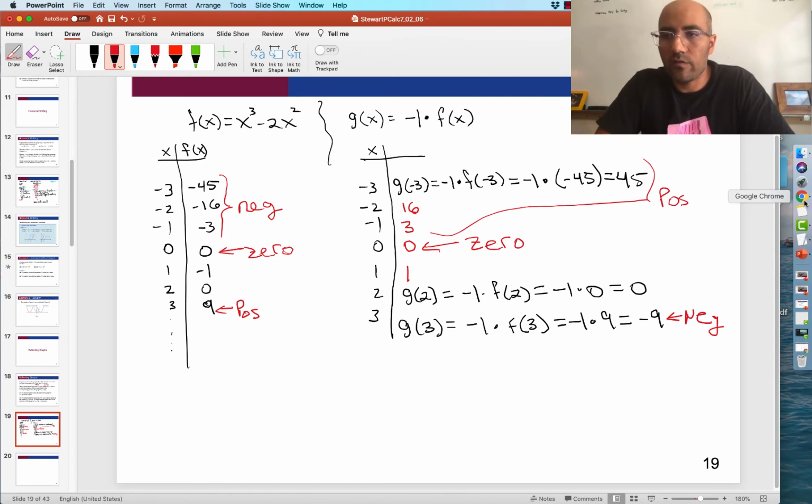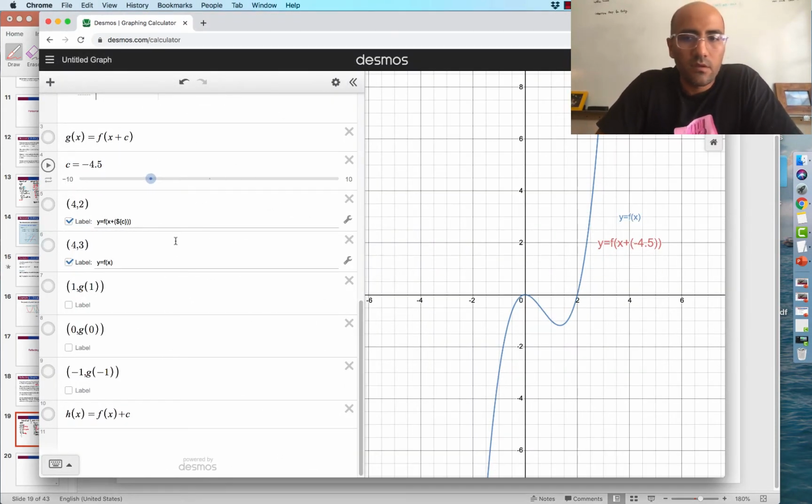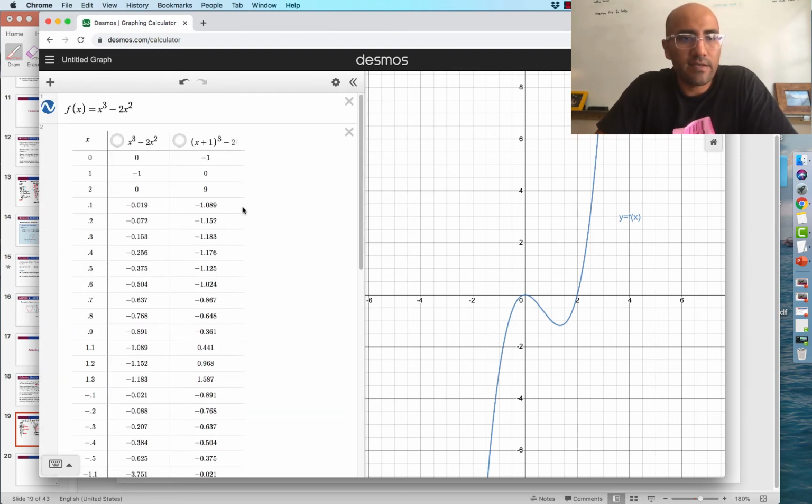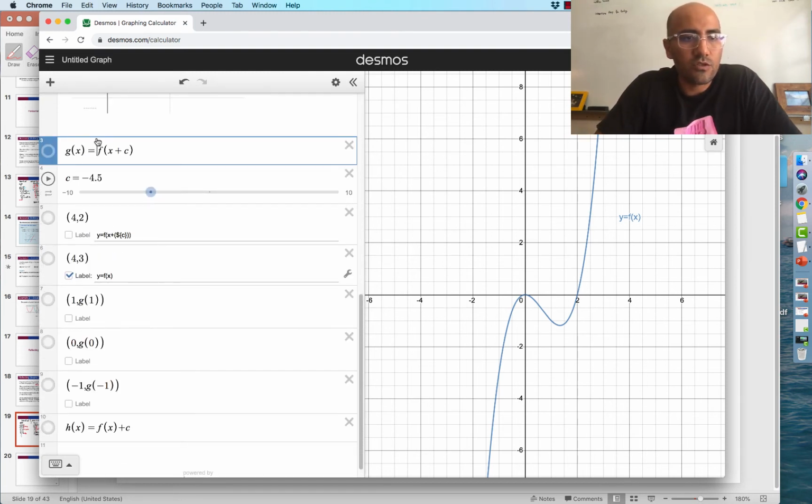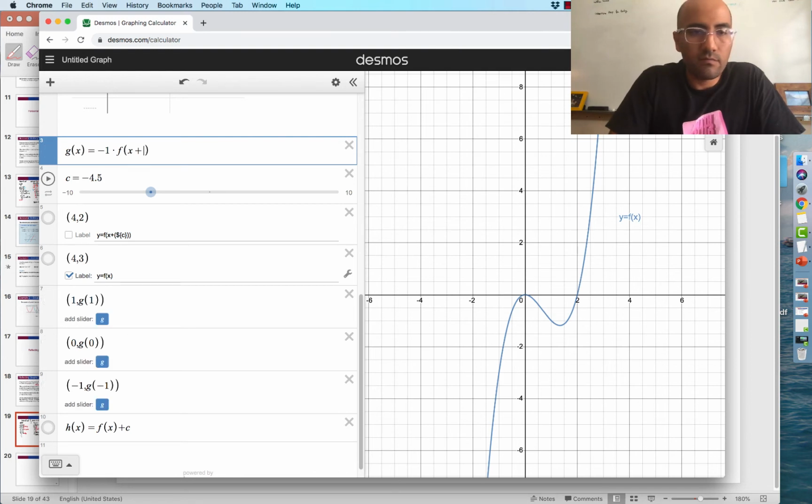Okay, so let's go back over here, back to Desmos. Let's not label that. Okay, so we have our function f of x as defined up here. F of x equals x cubed minus 2x. Okay, so this new function, which we're going to define as g of x equals negative 1 times f of x.